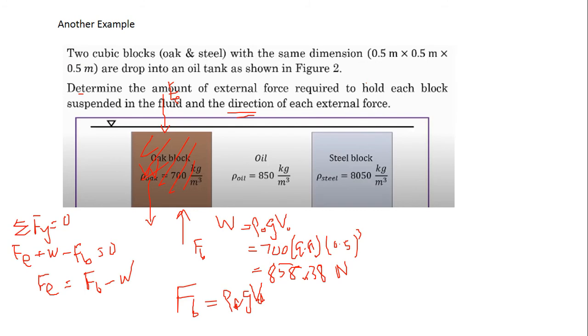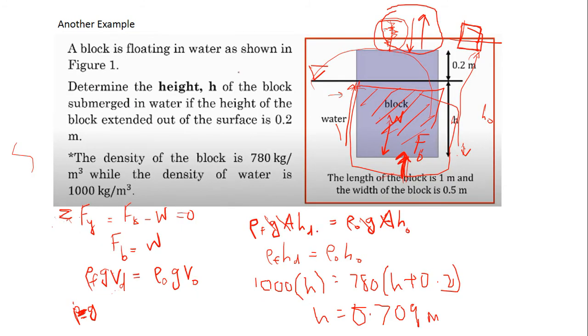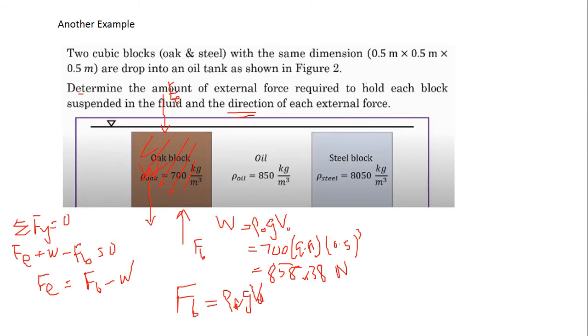Okay, because when you do the floating one, remember this is VD, you just take this D. So that's why when you do your submerge, you have to use the displacement volume, okay? But because the displacement volume sama dengan the volume of the object, because it's totally immersed in the fluid, so sama lah nilai dia.